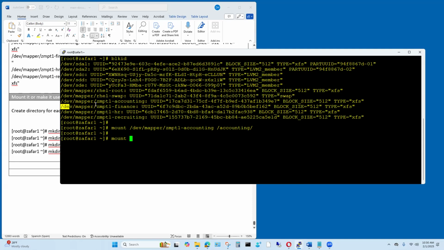Mount /, then /finance. Guys, remember /dev/mapper/ and the name, and this is a minus sign. Make sure you're typing it correctly. That's why I'm asking you to copy it from above.